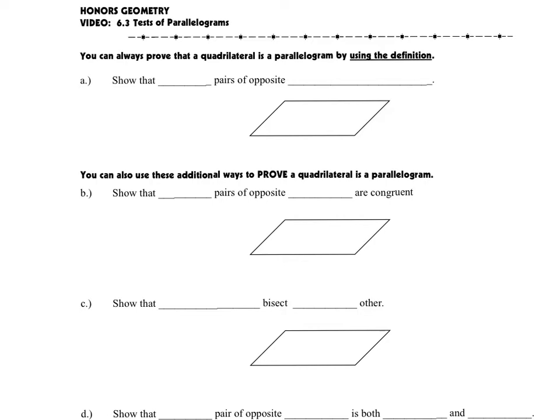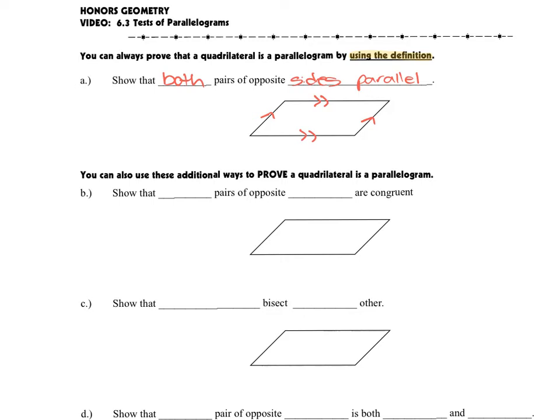The very first one that we can do here is using our definition of a parallelogram. Remembering that our definition of a parallelogram is that both pairs of opposite sides are parallel, that's exactly what we could show. We could show that both pairs of our opposite sides are parallel. Visually, if we're going to mark this in our picture, that would mean these two sides would be parallel to each other, and these two sides, you would have to show both.